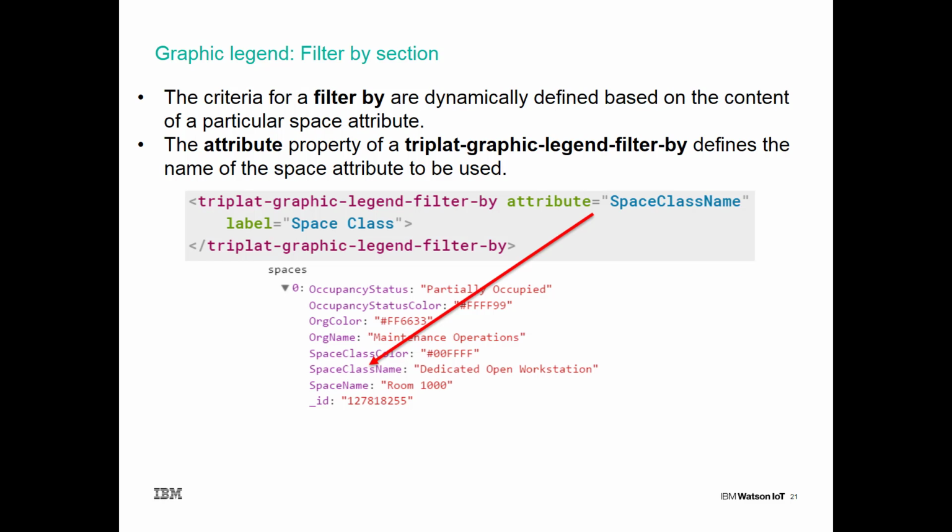The attribute property of the filter by defines the name of the space attribute that will be used. In this case, for example, I want to create a filter by space class. So I am specifying that the attribute of the space is the space class name. That is the name of the attribute that exists in the space object returned by the data source.